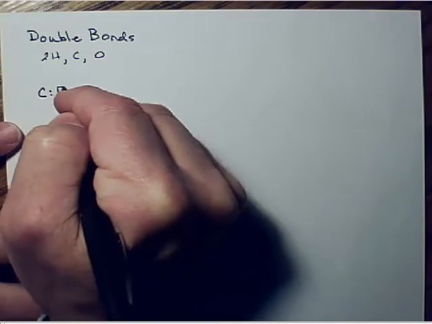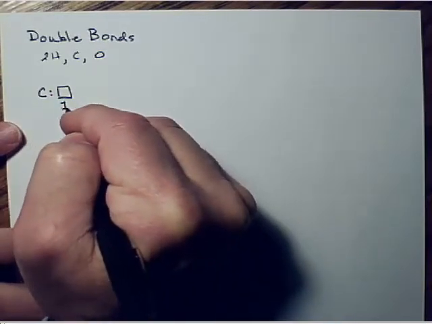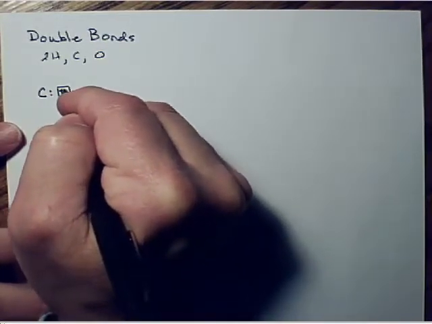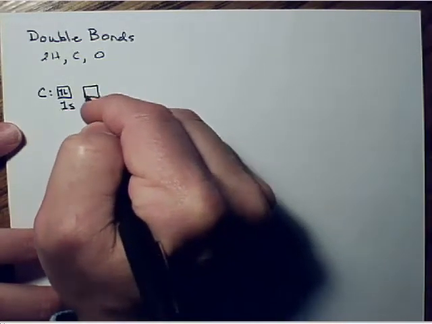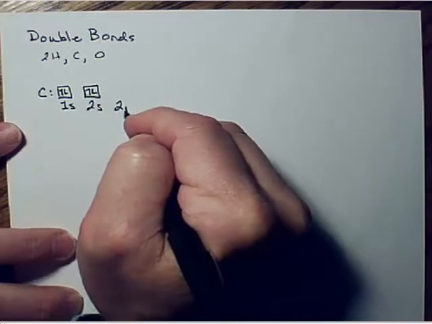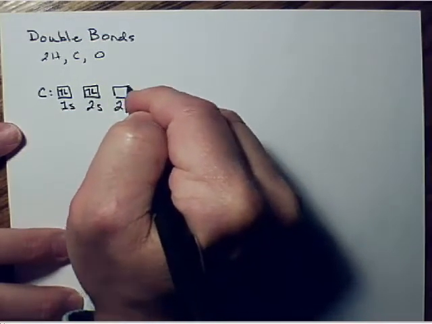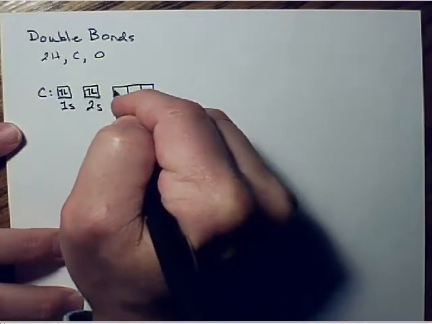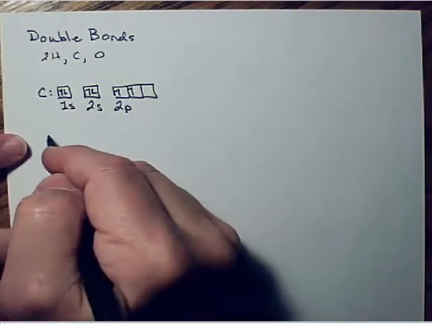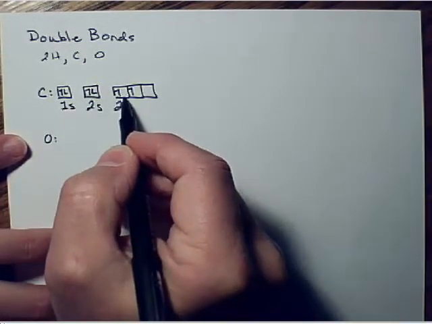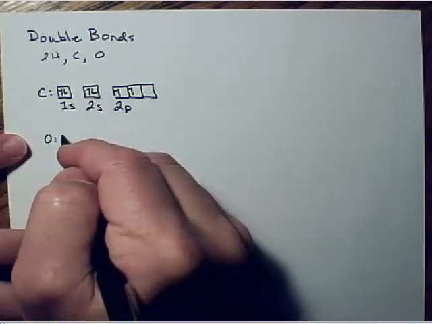So if we have the unhybridized form of carbon, the orbital notation of that unhybridized form looks like this. Okay, that's unhybridized. Oxygen looks the same, except that we've got two more electrons.